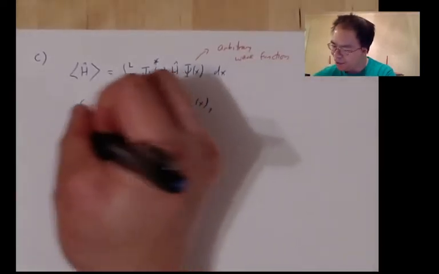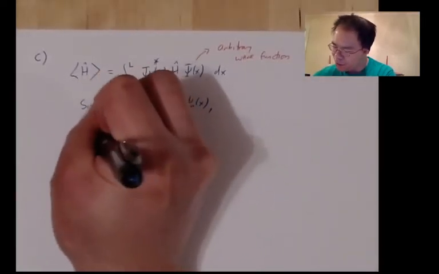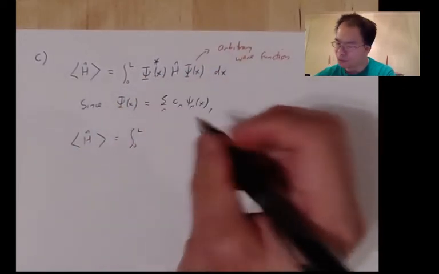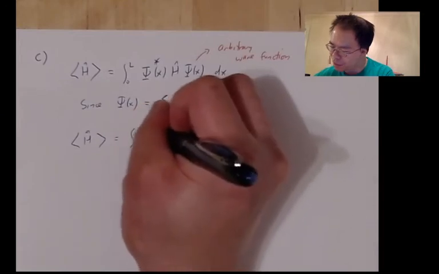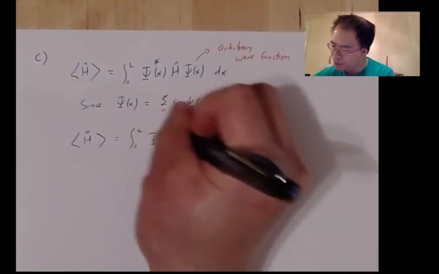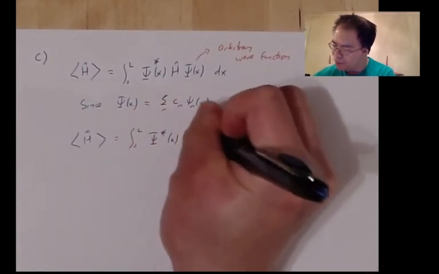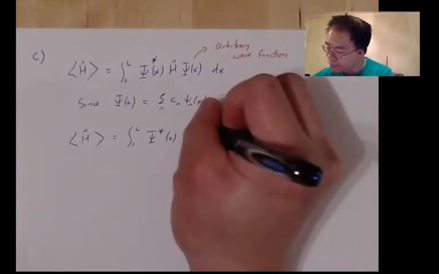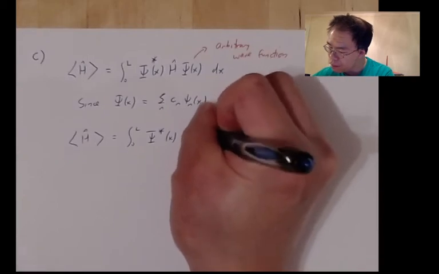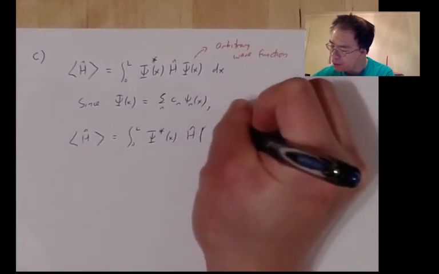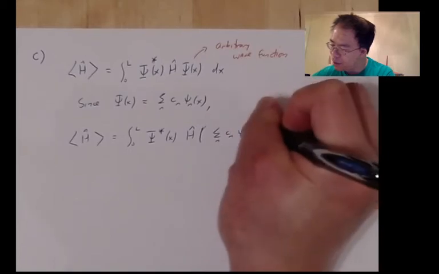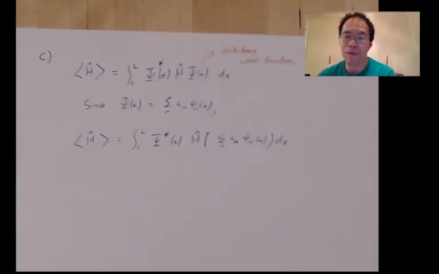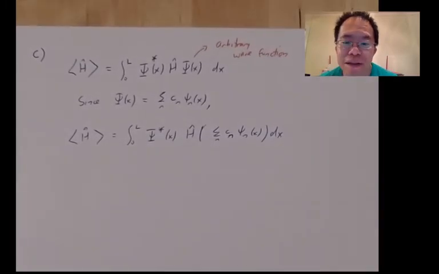What we have, our expectation value is, just to save some writing, I'm not going to write the first one out as a sum just yet. So we have the Hamiltonian acting on the sum on n of Cn psi n of x, and the whole thing we're integrating dx.